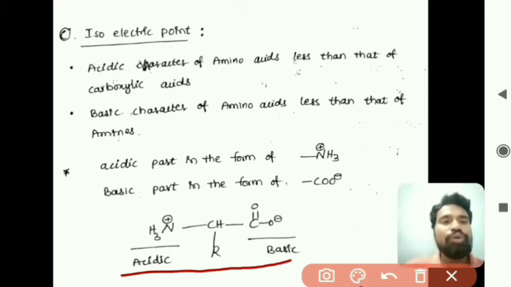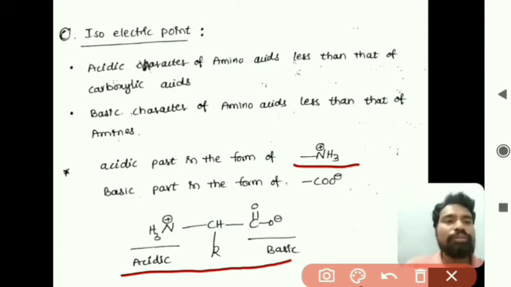So COOH is not existing in the zwitterion, only COO minus. It means the acidic character of amino acids is not from the carboxylic group, it is from the amine group, that is the NH3 plus group, the aminium ion group.